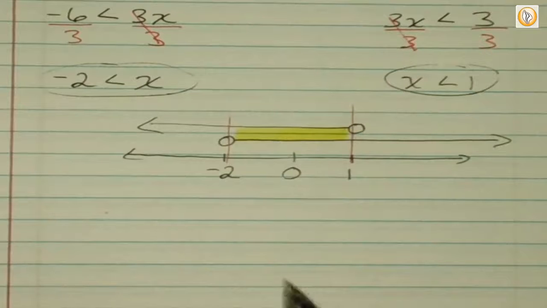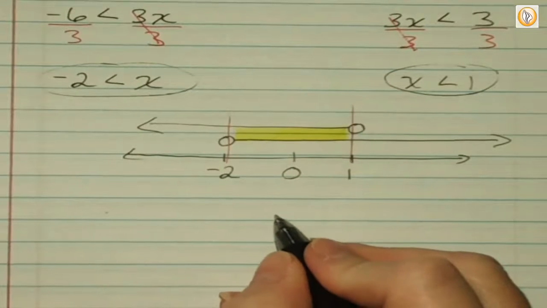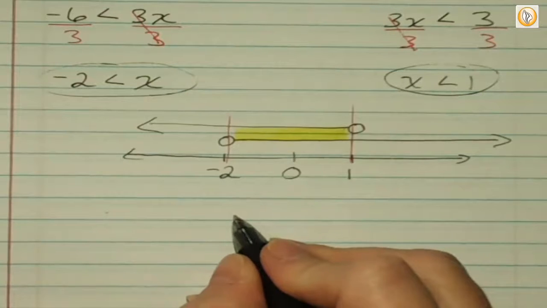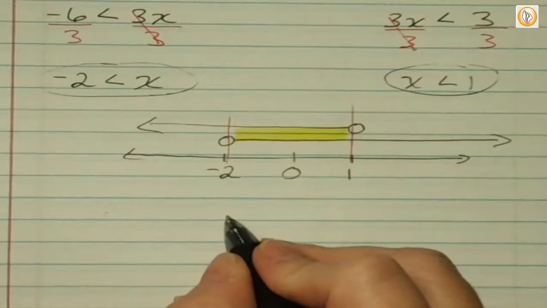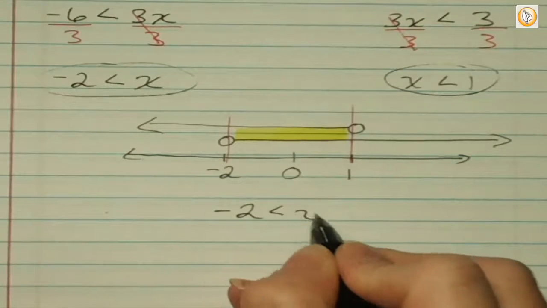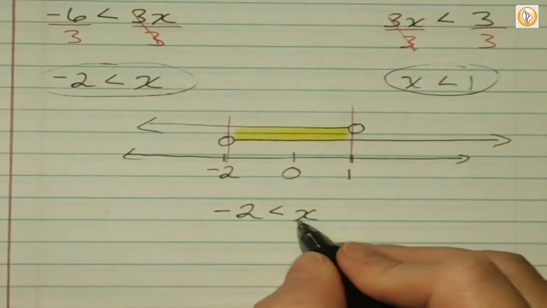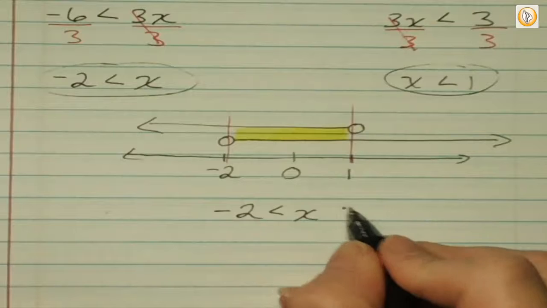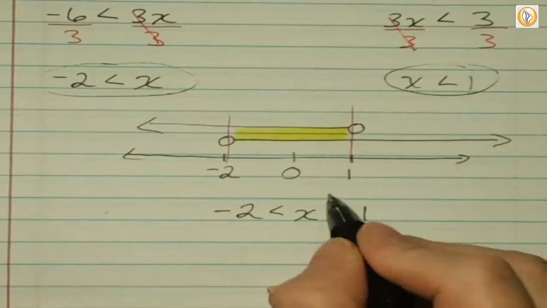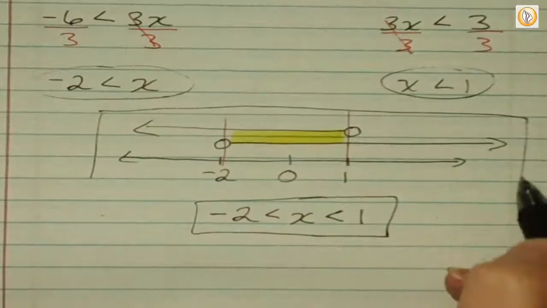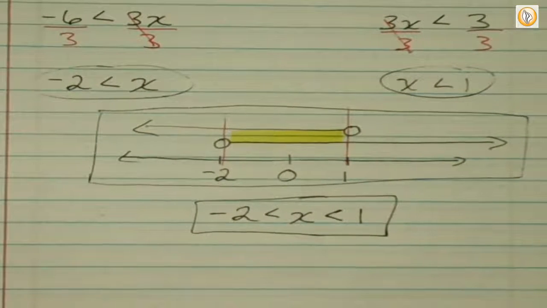So, how would I write that? -2 is less than x, and x is less than 1. Yep. There you go. So here's your graph, and here's your answer.